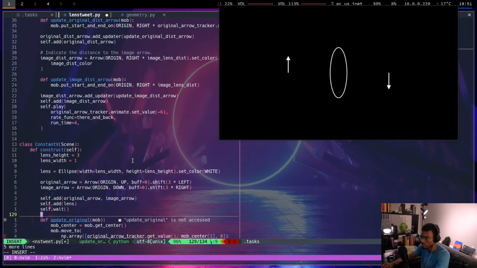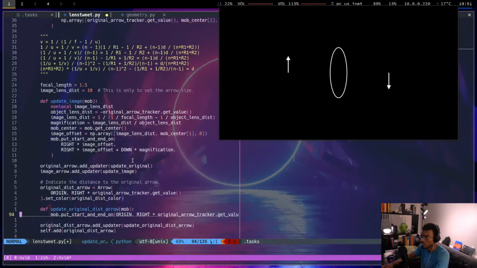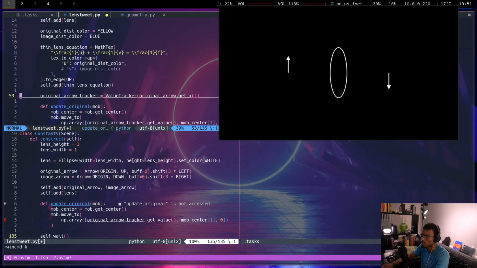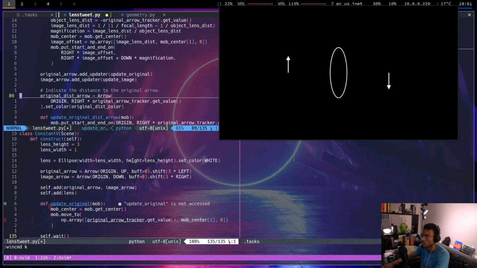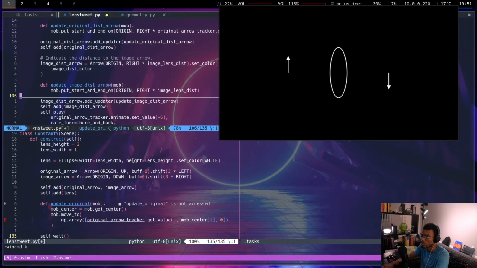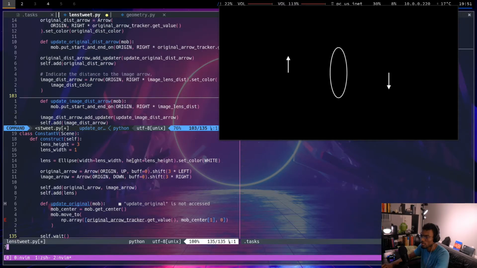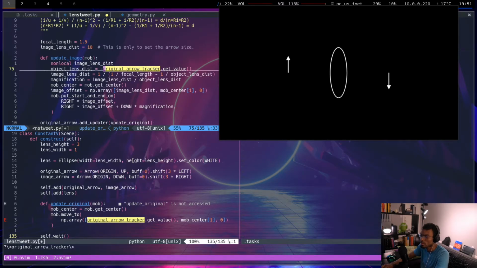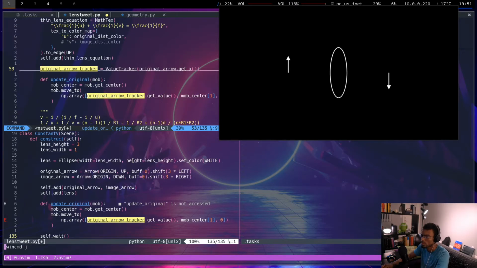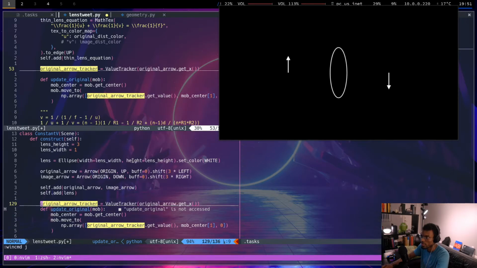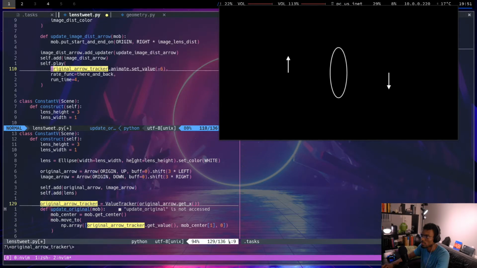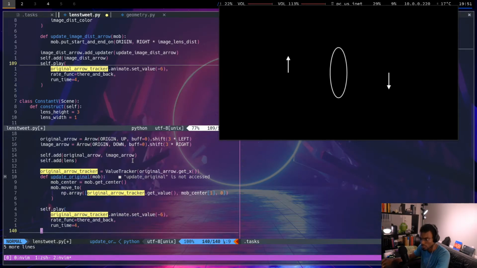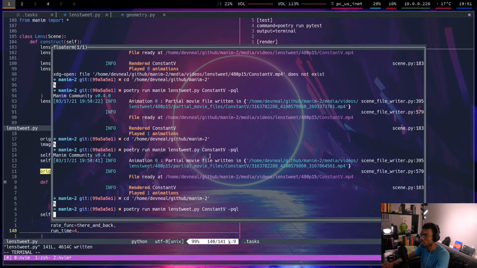Let me move this. Let me bring in the tracker. Where is it? Original arrow tracker. This. Here. Move that there. And I'll play something like this. Okay, and maybe that'll just work.